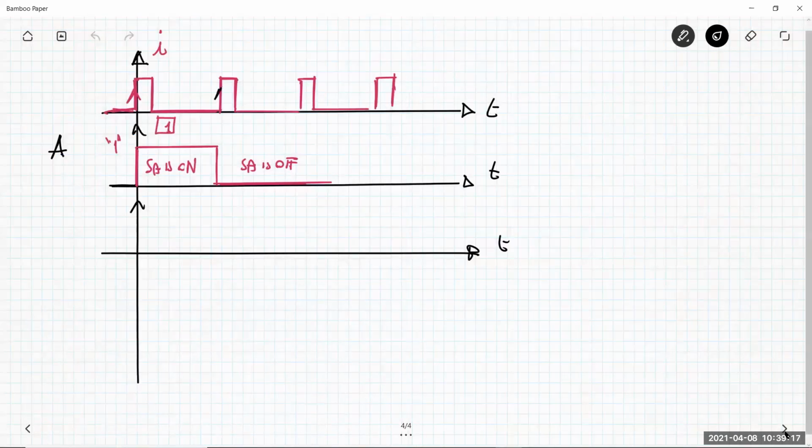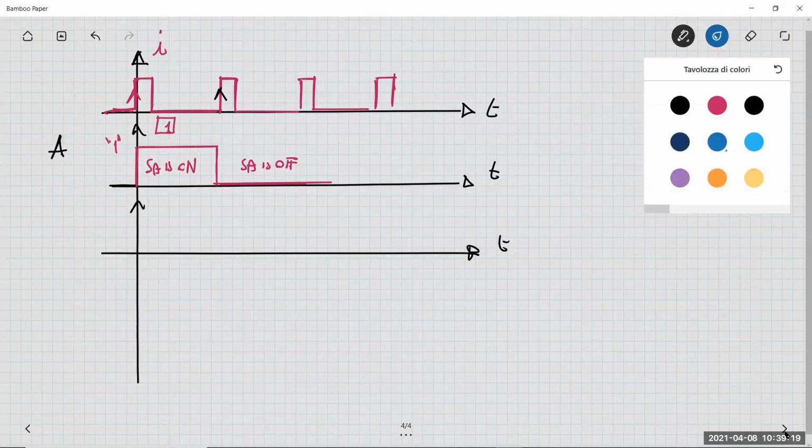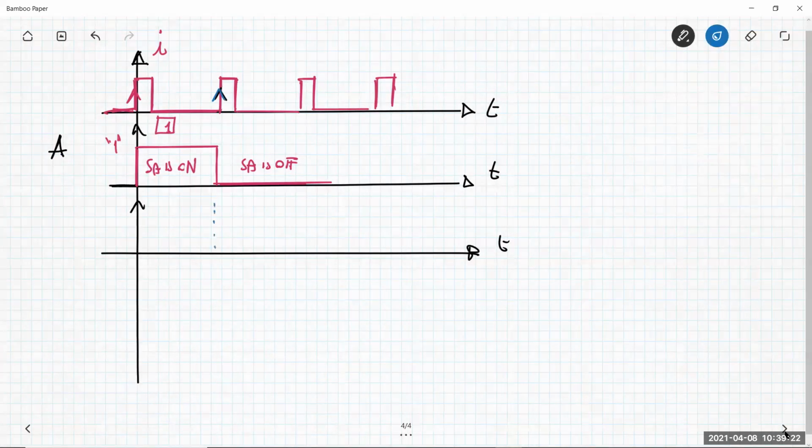So at this second pulse it is the switch SB which is closed. Also SB is on, and SB is off when the command signal is less than the threshold.